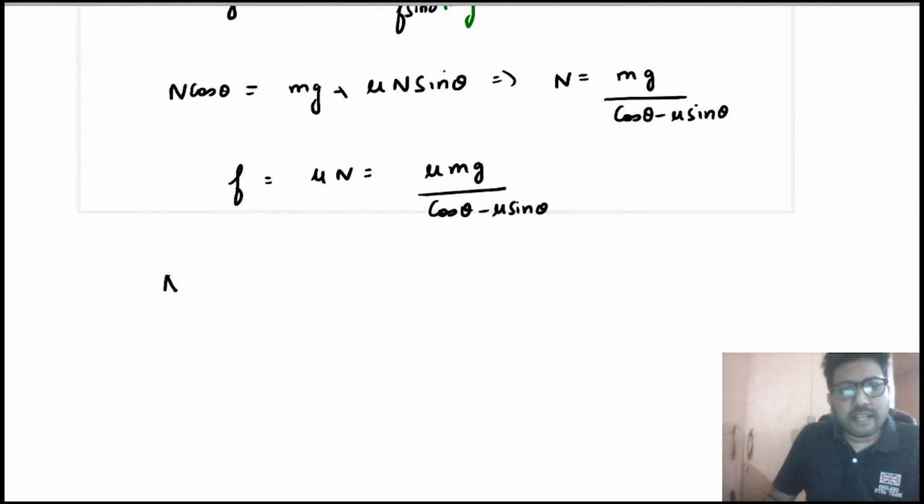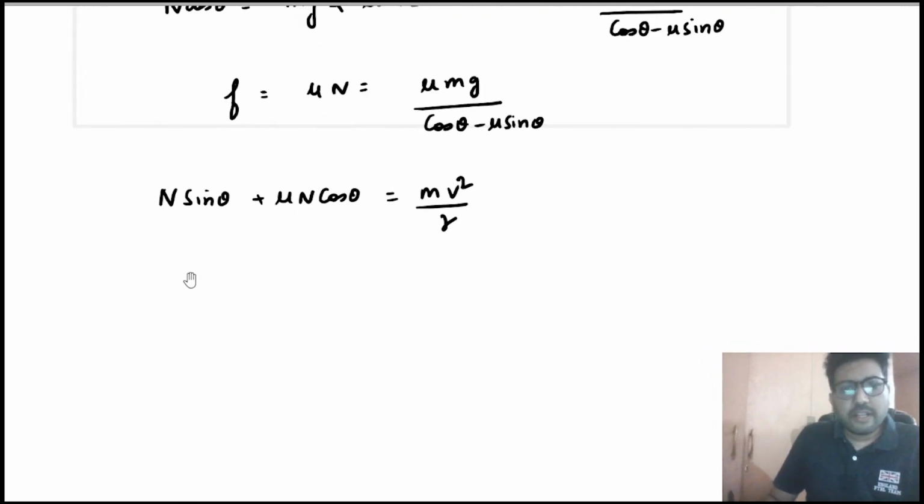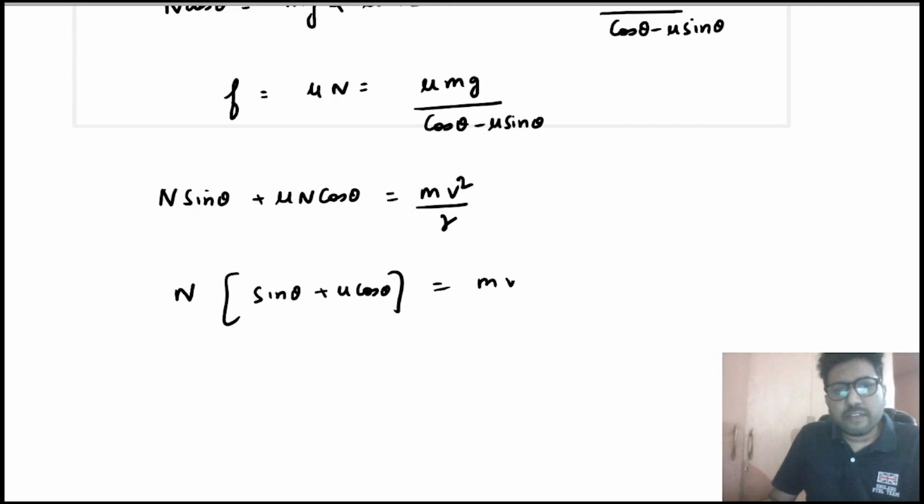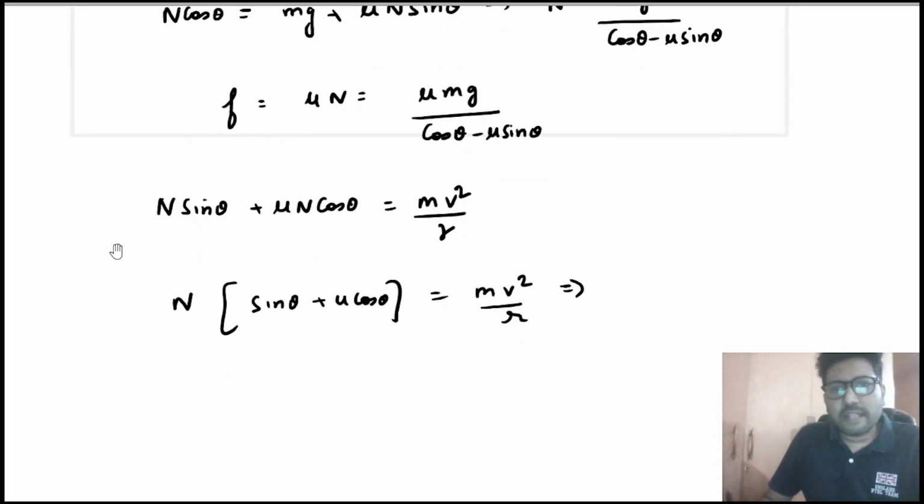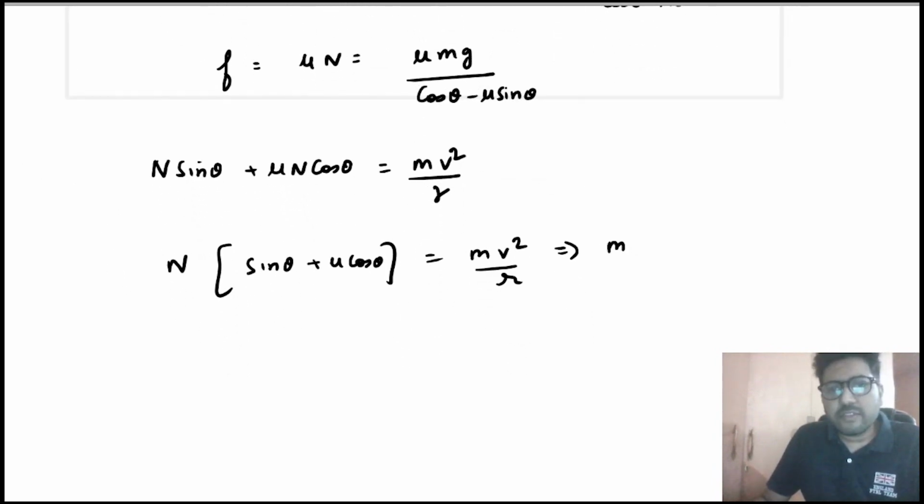So N sin theta plus F cos theta has to be equal to mv square by r, where r is the radius of the circular turn or the radius of the curved road. From this, taking N common, N times sin theta plus mu cos theta is equal to mv square by r. Writing N as mg upon cos theta minus mu sin theta, you get mg upon cos theta minus mu sin theta multiplied by sin theta plus mu cos theta is equal to mv square by r.